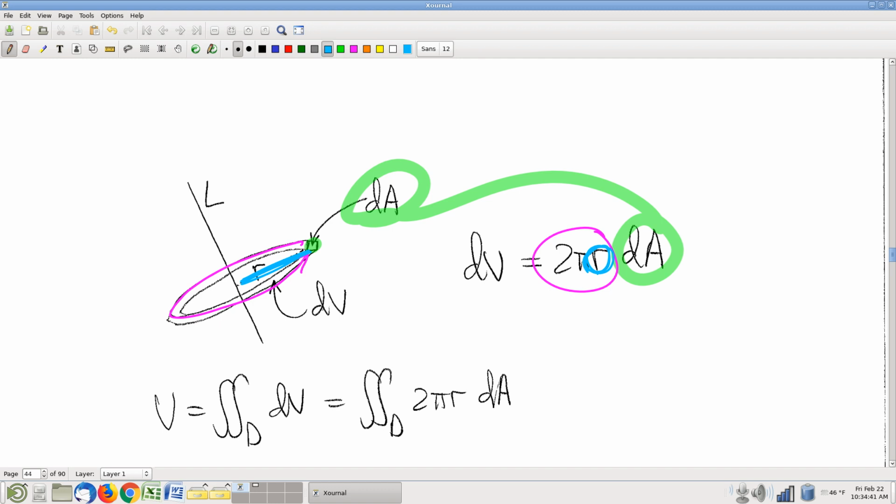Whatever the distance is from that point to the axis you're rotating around. It's going to vary. It's not constant. It depends on which piece of area you're talking about. But there we've got, roughly speaking, a high school geometry situation. Obviously, it's round. I'm dragging this thing around a round path instead of a straight line path, but all of the points are being dragged the same distance.